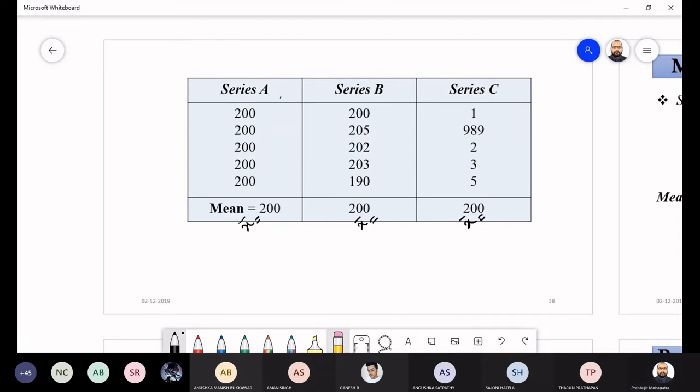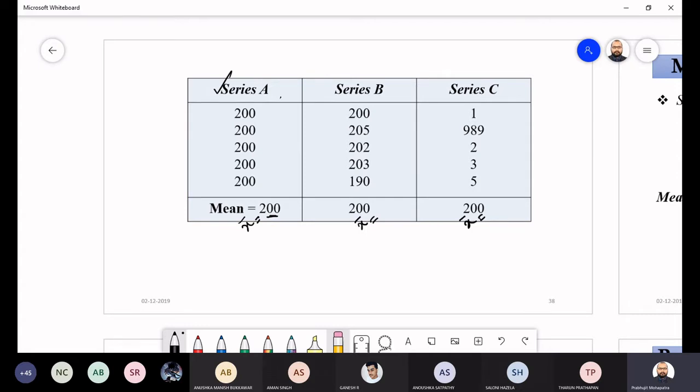You are realizing that deviation is there. So first one, series A, how much deviation is there from the mean value? The class average is 200 and all the values are 200. So is any deviation there?